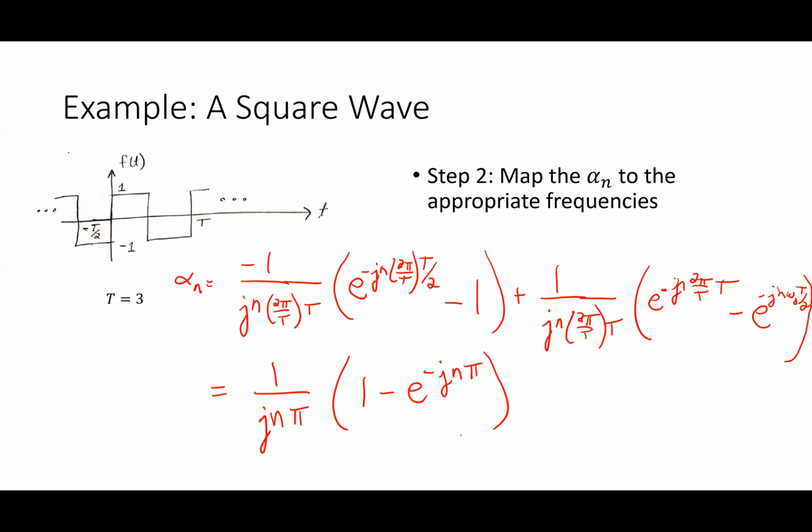You could actually simplify that even further. If I plugged in an even number for n, what would I find? If n was equal to 0, what does e to the negative j n pi become?